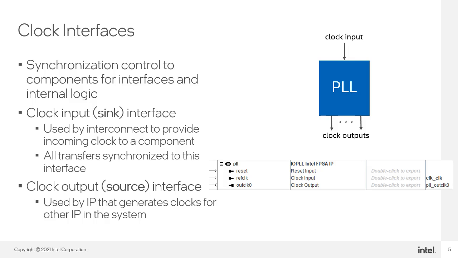PLLs may also have an Avalon memory mapped interface, discussed later, to control PLL settings. This memory mapped agent interface is synchronized to the clock input interface. PLLs are configured to have one or more clock output interfaces to send generated clocks out for use by other system components, or to be exported out of the system.